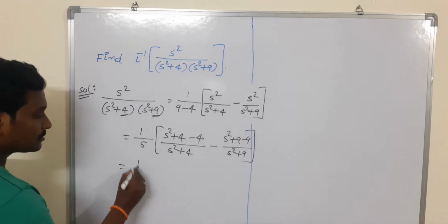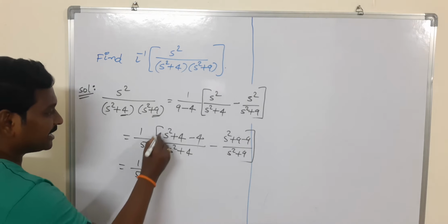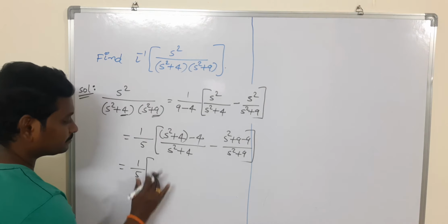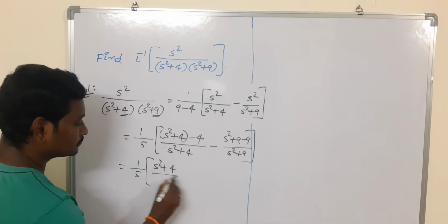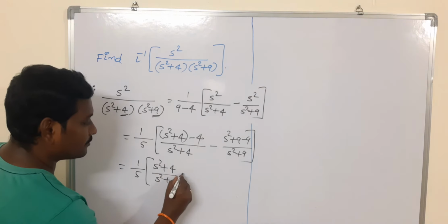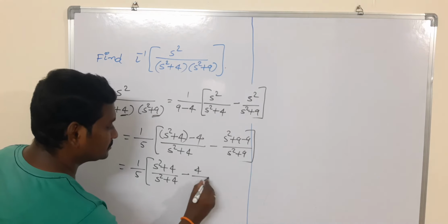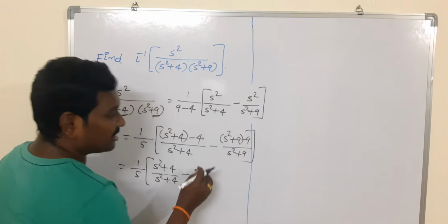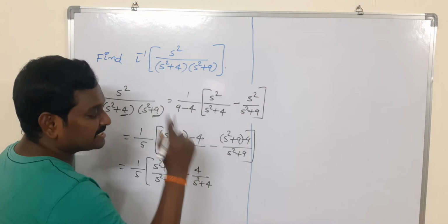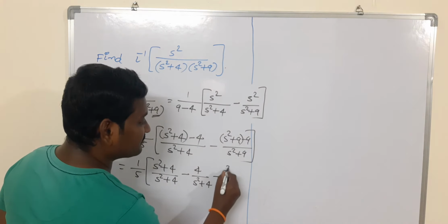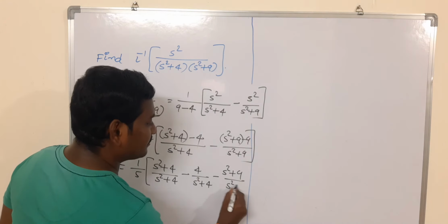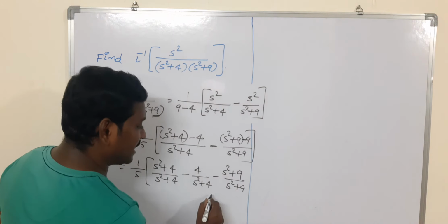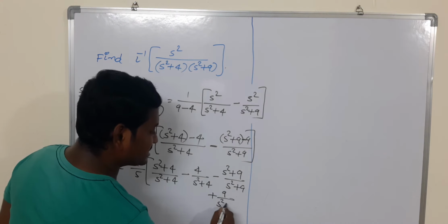Now split the terms. 1 by 5, take this as a single part, s square plus 4 by s square plus 4, minus 4 by s square plus 4. Again you can treat s square plus 9 as a single term, so you will get s square plus 9 by s square plus 9 minus 9 by s square plus 9.